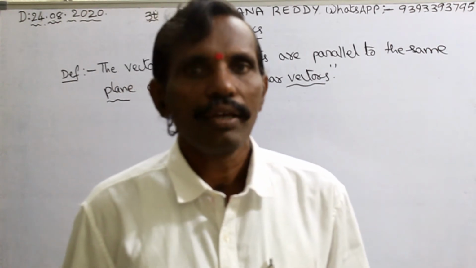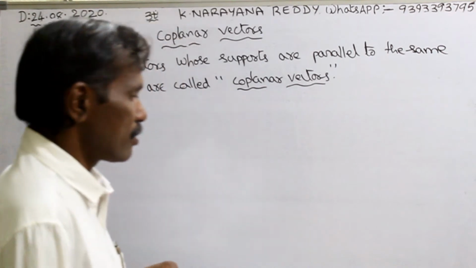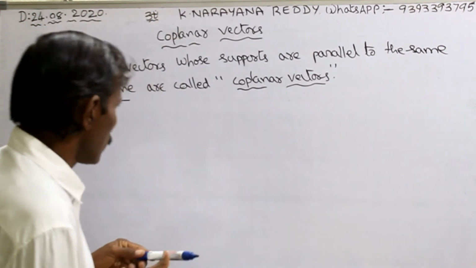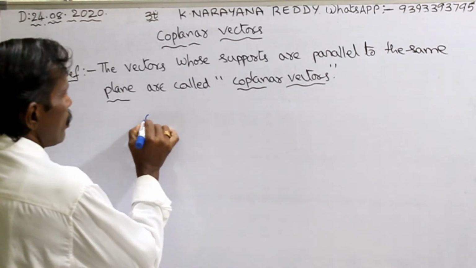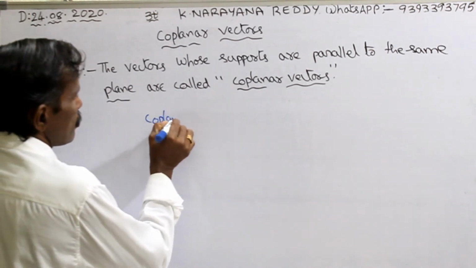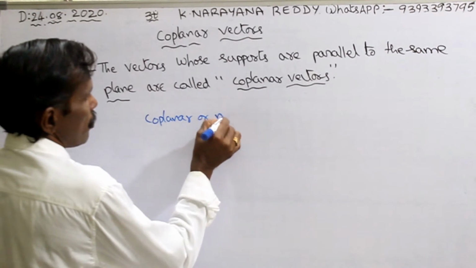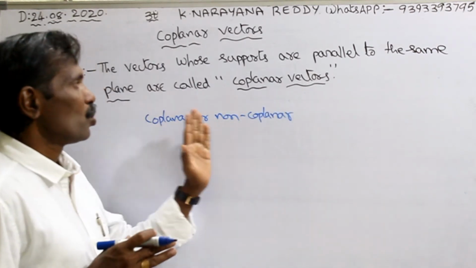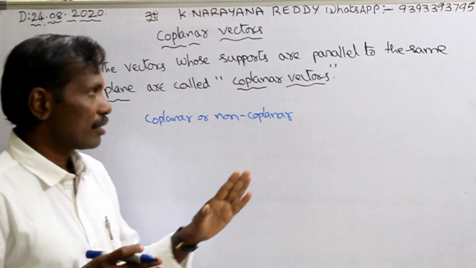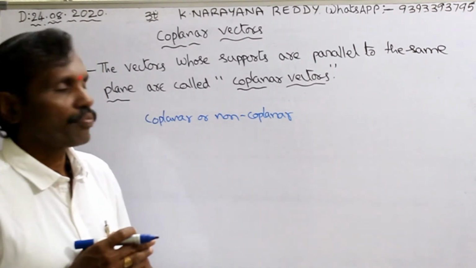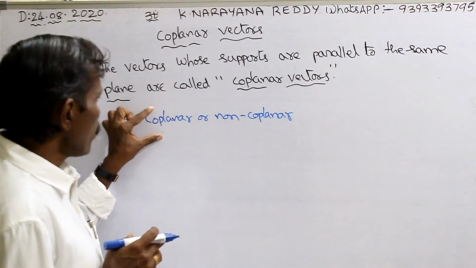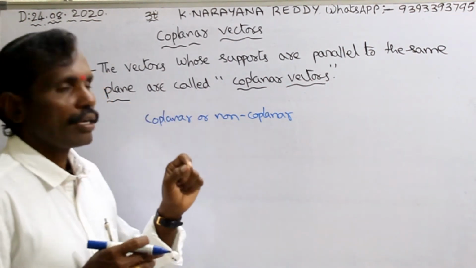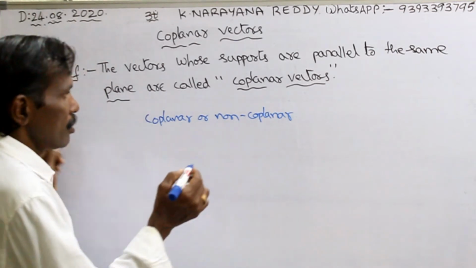At that time only the case of coplanar or non-coplanar can arise. Those that are not coplanar are non-coplanar vectors. But the condition is that coplanar or non-coplanar vectors arise only when there are more than two vectors.